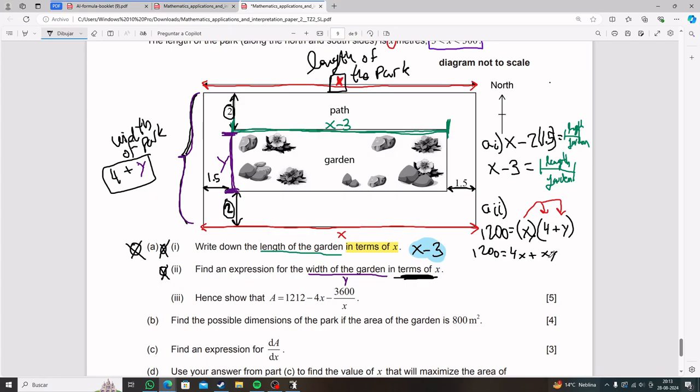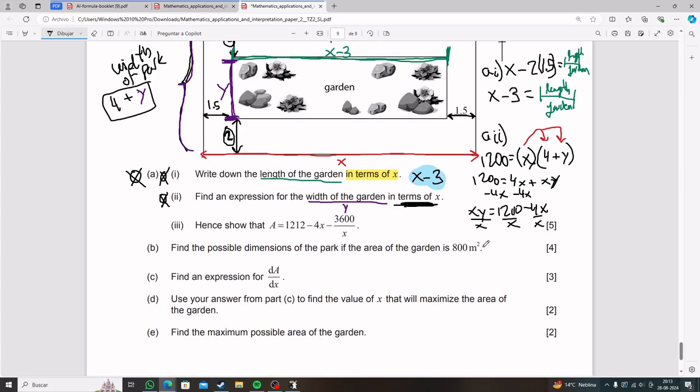So you want to get y alone, the width of the garden in terms of x, so y equals something something x. You can go ahead and do minus 4x on both sides. So xy has to equal 1,200 minus 4x. From here, you can divide by x on both sides. When you divide on the right side, you have to divide everything by x. You've got to be consistent. So y equals 1,200 divided by x, minus 4.